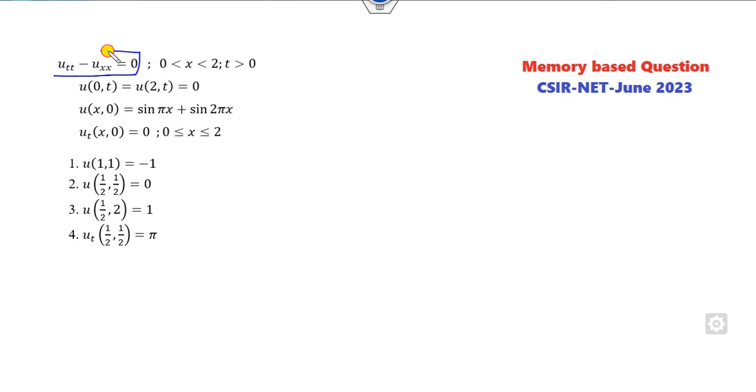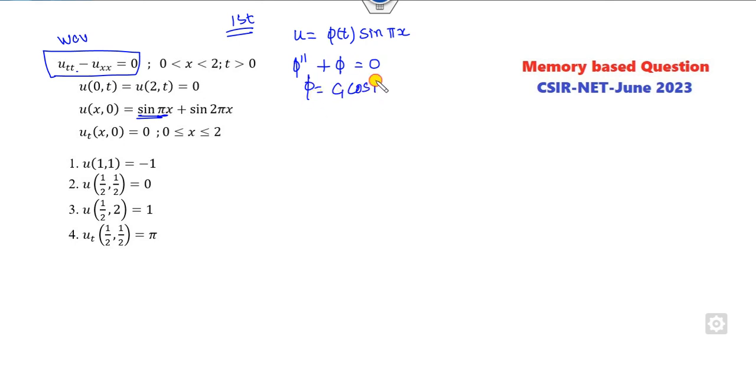Again you can see this is my wave equation. So now I can take the function, this is the first method, sine pi x, and substitute here. If you watched my previous year question, you must understand this method easily. So phi double dash plus pi square phi is 0, which gives c1 cos plus c2 sine t.